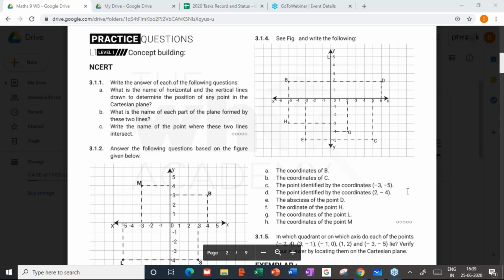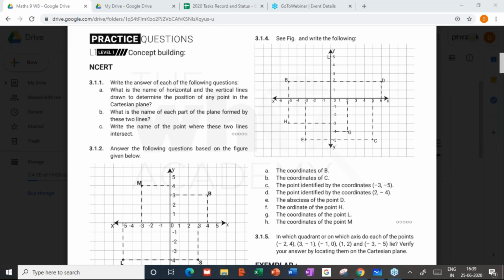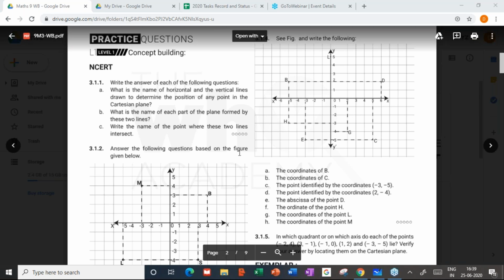The coordinates are going to be 2 comma minus 4. Correct? 2 comma minus 4. Coordinates of G. I think they printed M by mistake. Right? Awesome. Puneet also gave the answer.